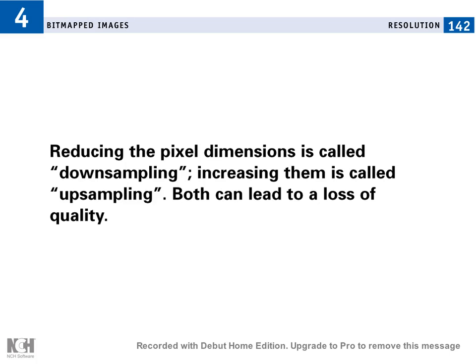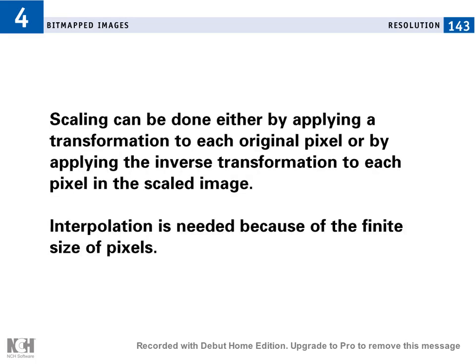So, for example, if you just have 10 million pixels in your digital photo, and you downsample it to maybe just 1 million, or you upsample it to 100 million, the question is how to generate the new pixels or how to produce the downsampled images. So basically, it will lead to a loss of quality.